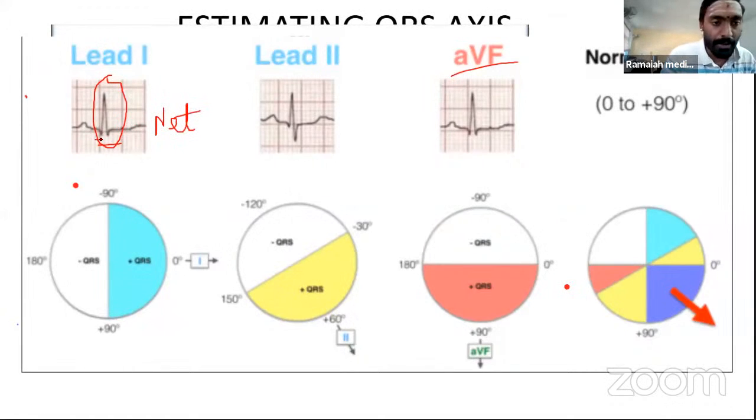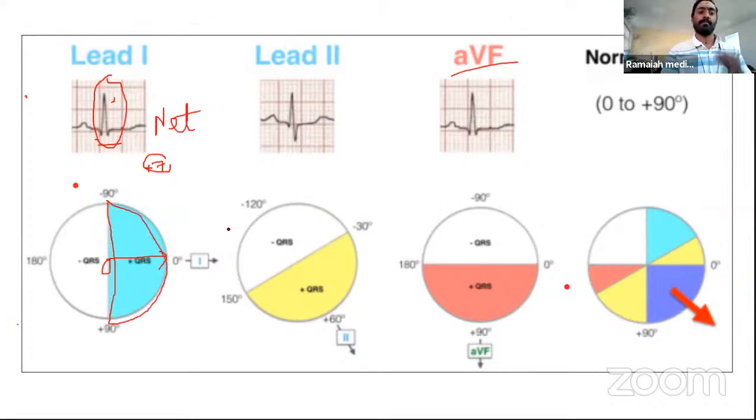You subtract the negative wave and you add the positive wave. So here it is 5 plus 4, 9. 9 minus 2, 7. So net is plus 7. So if it is plus 7, this is the direction in which my activity is going. That means from the origin, this entire portion is going to represent my lead 1.